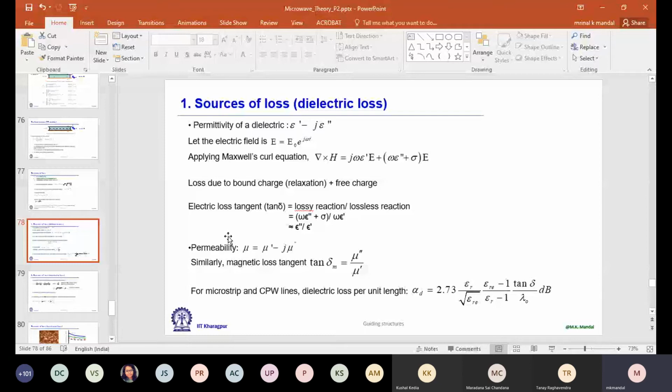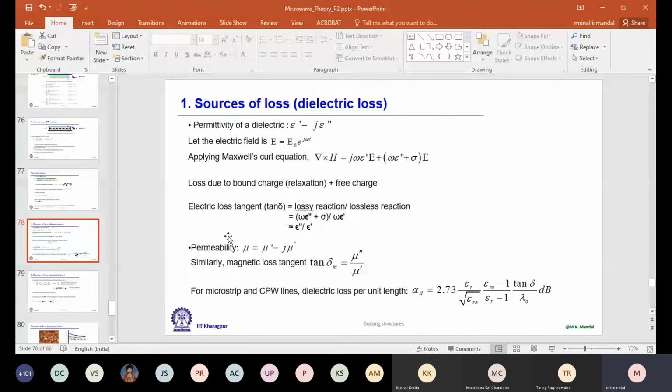Now for a semiconductor material, we can't neglect sigma. So in that case, if we keep on increasing frequency, what does this expression say? Omega multiplied by something plus something, divided by omega epsilon dash. Since we have one additional factor, sigma, if I keep on increasing frequency, loss tangent should decrease. You think sigma is constant, and we are adding something, an omega parameter divided by an omega parameter. So loss tangent should decrease with frequency.